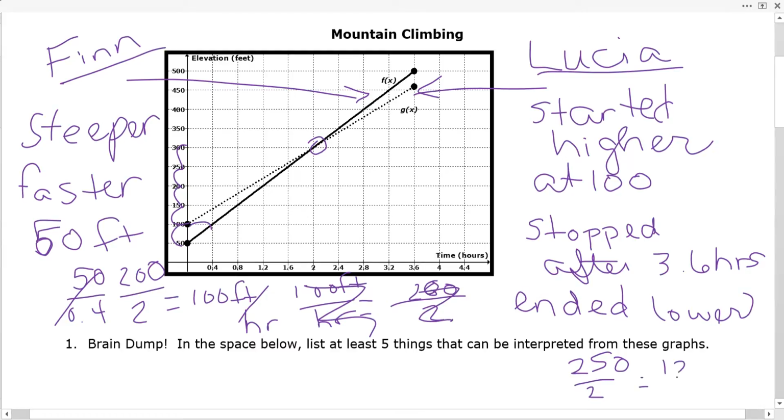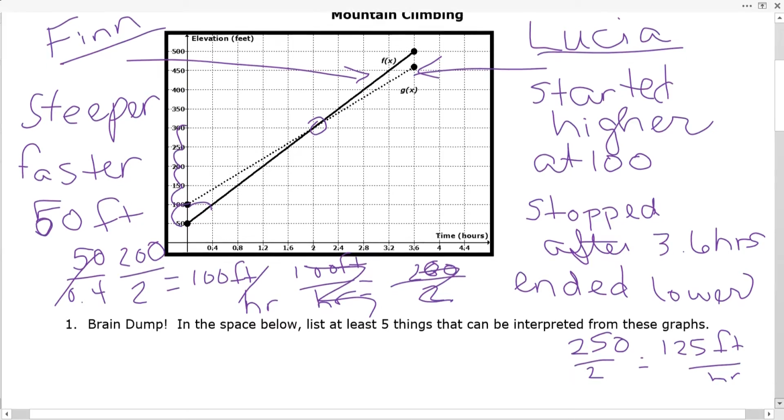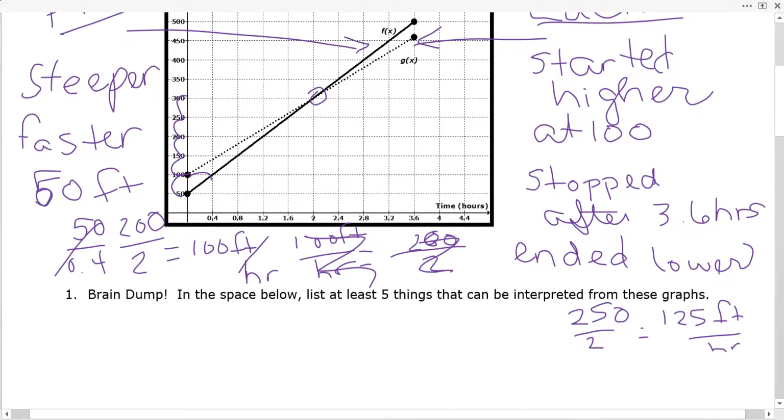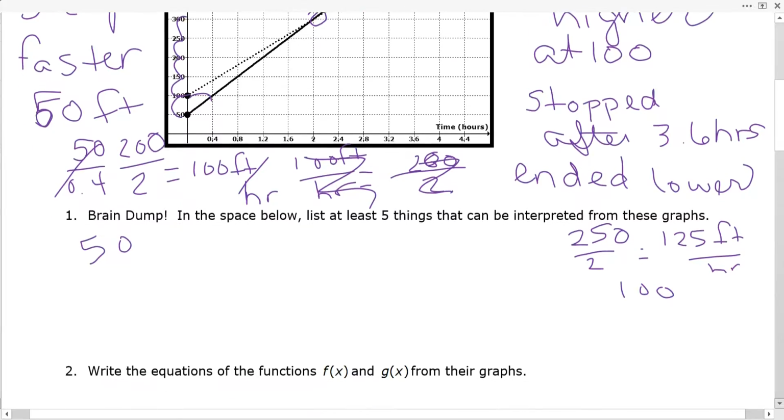So she's going 125 feet per hour. Okay, so her slope is a little bit less steep, and Finn started at 50, she started at 100. So I'm hoping when I get down here I can still read all this.